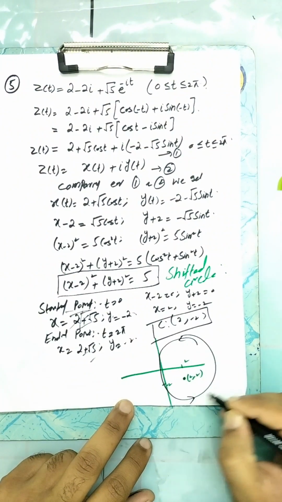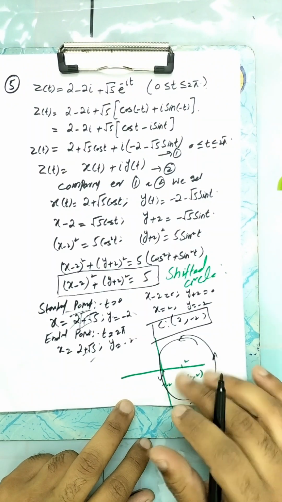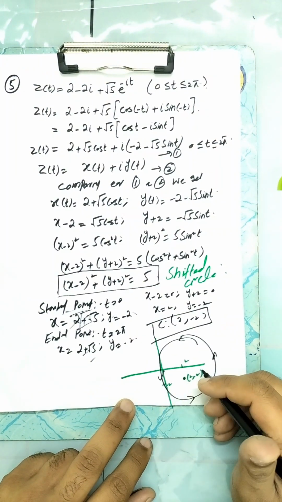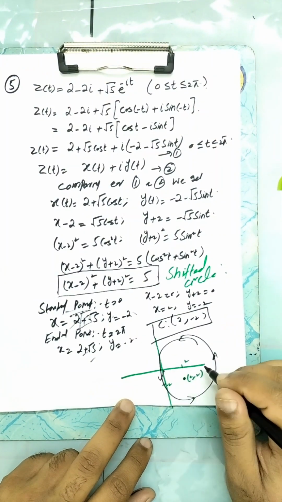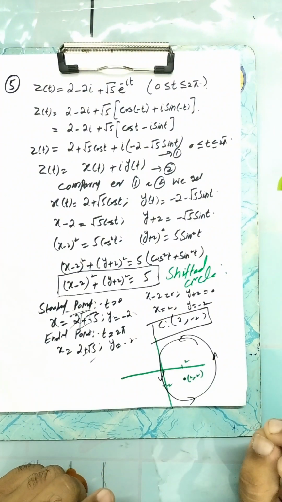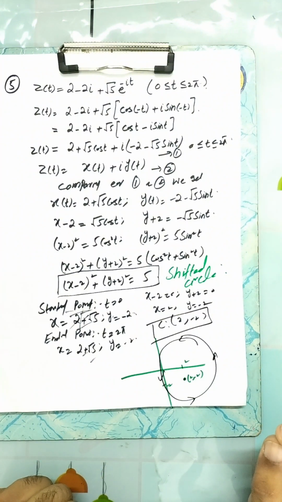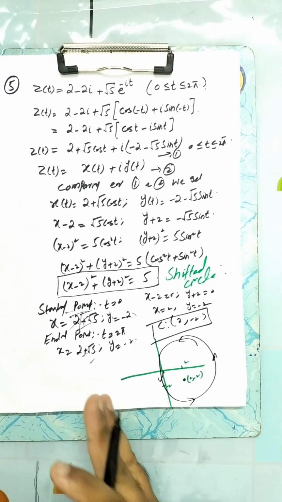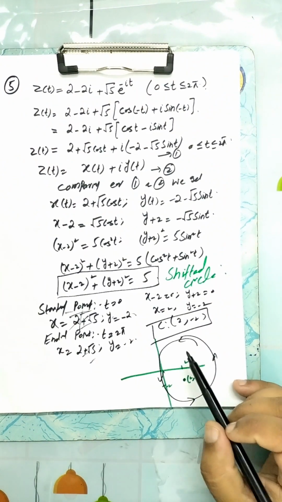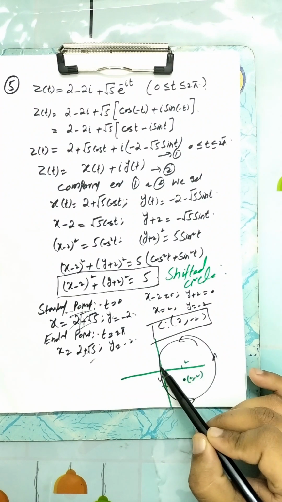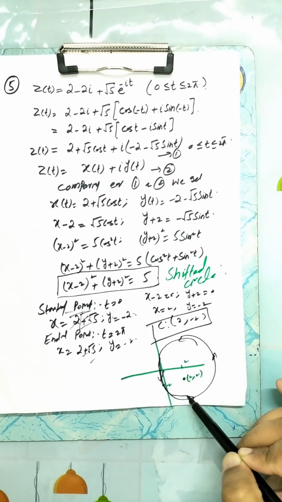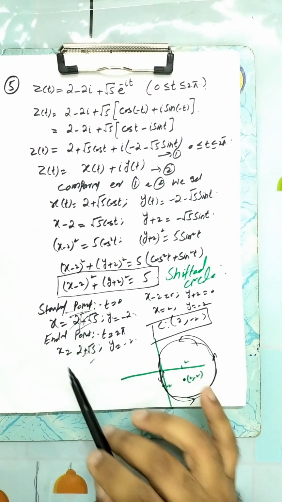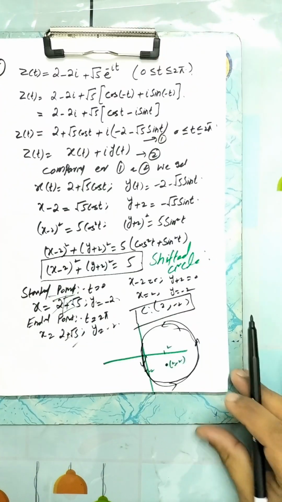This is our circle, whose center is 2, minus 2, and this is the shifted circle, in this quadrant, because x is positive and y is negative.